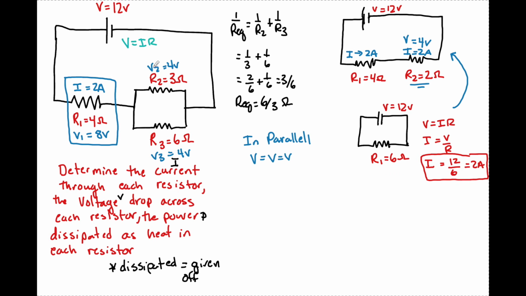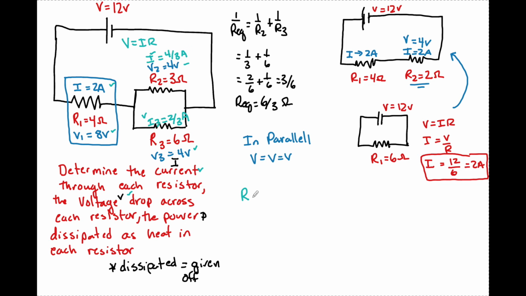So now I have 2 of the 3 that I need to find I. So I2 here is going to be equal to 4/3 amps, and I3 here is going to be equal to 2/3 amps. So now essentially what I've done is I found the current at each resistor. I found the voltage drop at each resistor. Now all we need to do is find the power dissipated at each resistor.